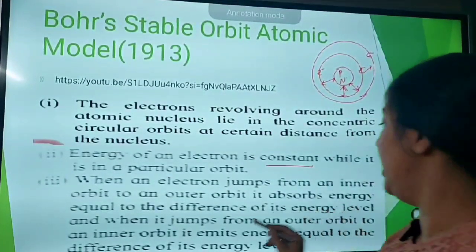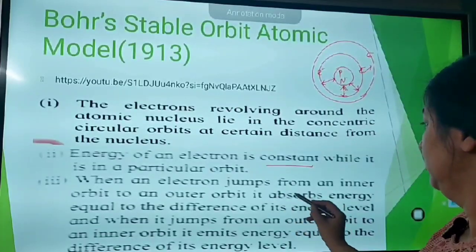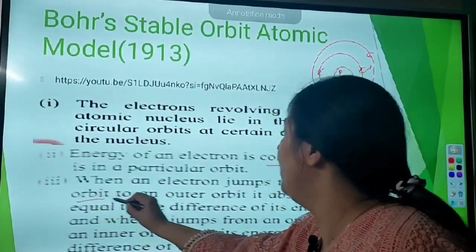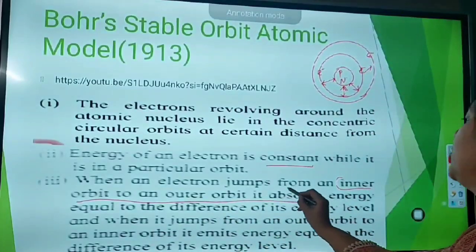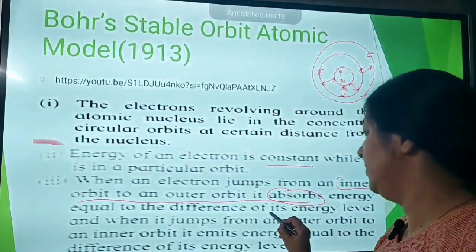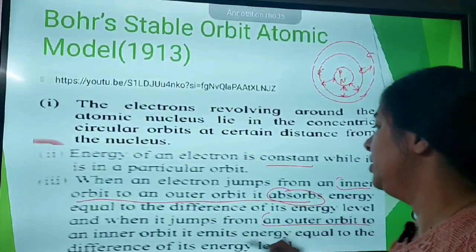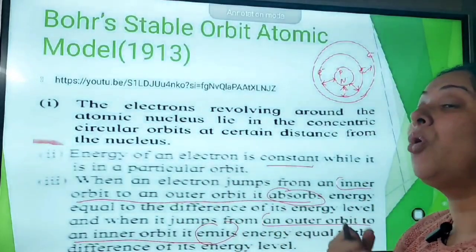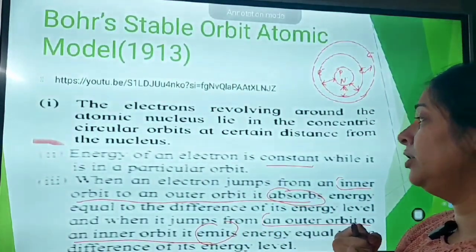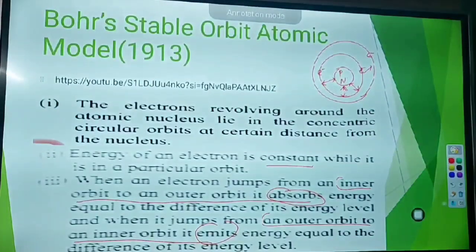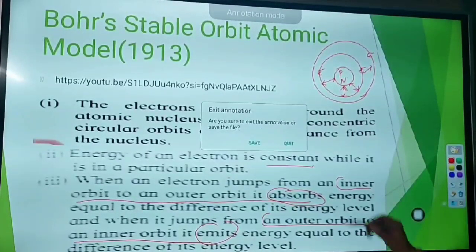From an inside orbit to an outer orbit, it absorbs. And from an outside orbit to an inside orbit, it emits. Absorbs when inner to outer and emits from outer to inner, equal to the difference of its energy levels.